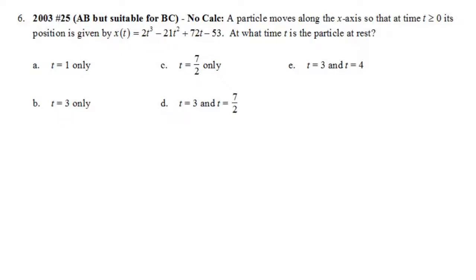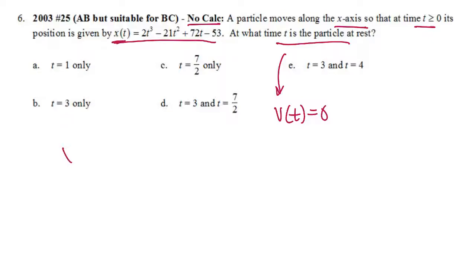Okay, our next question is not a calculator problem. Here a particle moves along the x-axis for time t greater than 0. Its position is given by this, and we want to know at what time t the particle is at rest. We know the particle is at rest when the velocity is 0, and to get velocity we take the derivative of the position. So x prime of t is 6t squared minus 42t plus 72.